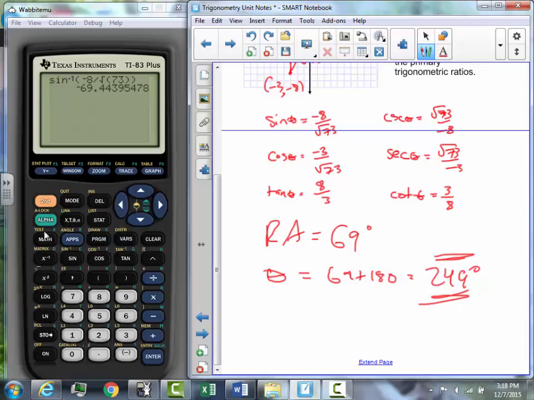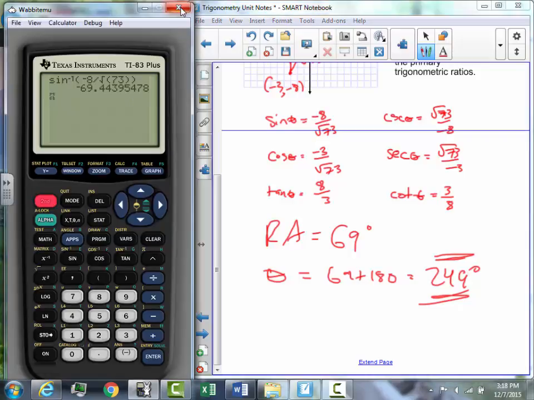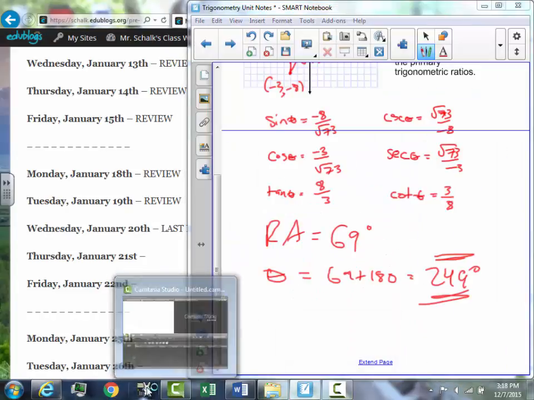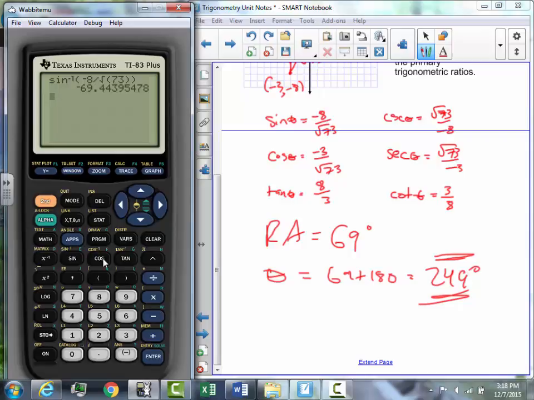Let me try it again with cosine. If I inverse cosine -3 divided by root 73. Oh, I didn't inverse cosine.